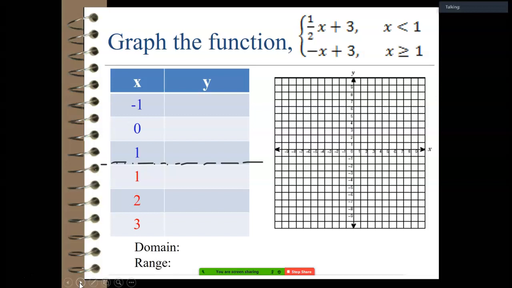So x less than 1 comes from this top equation here, 1/2 x plus 3. So I'm going to plug -1, 0, and 1 into the top equation. This is 1/2 times -1 plus 3, 1/2 times 0 plus 3, and 1/2 times 1 plus 3.